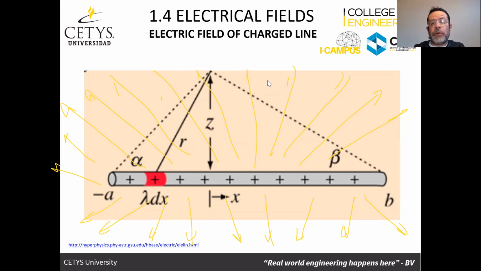However, if we were to be talking about a point charge, well, we know that emanation is going to be uniformly outwards because it's a point.